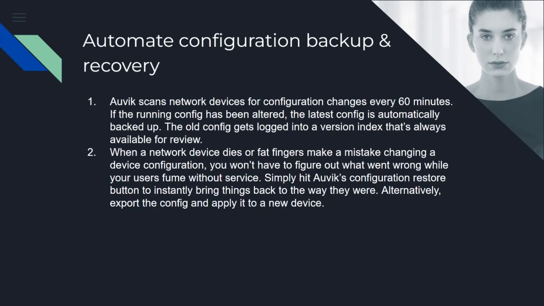When a network device dies or fat fingers make a mistake, we can easily figure out what is wrong without affecting the service. Simply hit the Alvik configuration restore button instantly without hassle, and it can be applied to a new device.